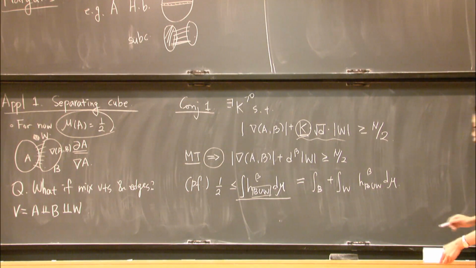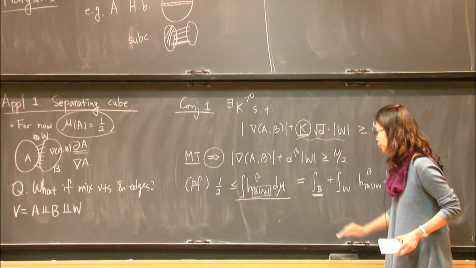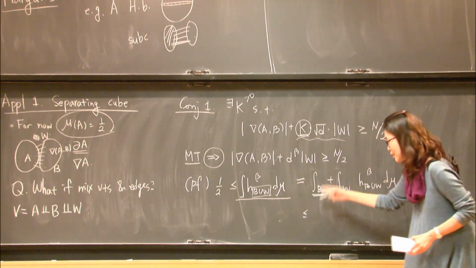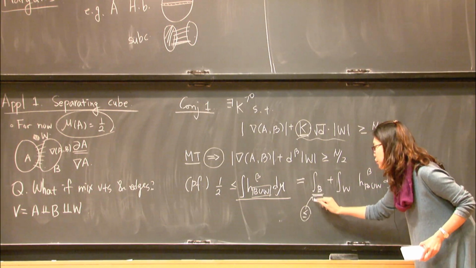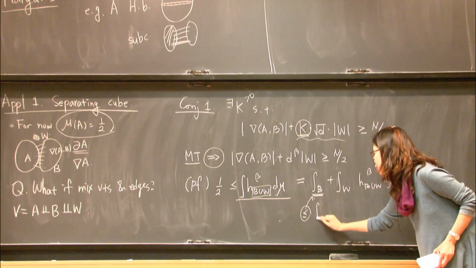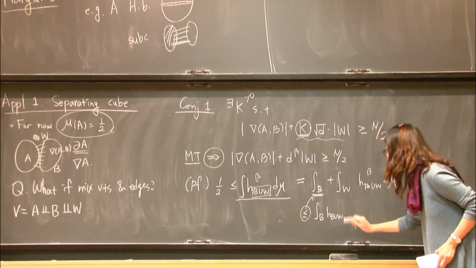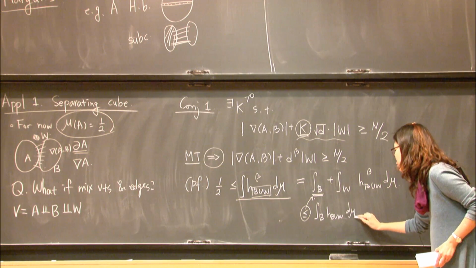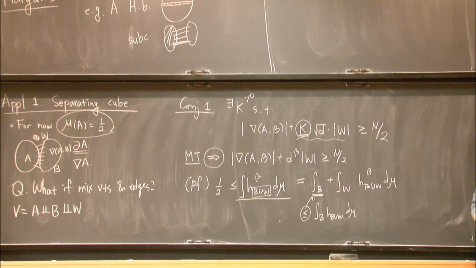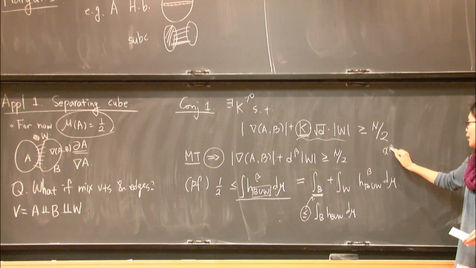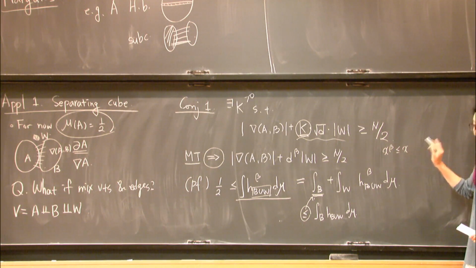For this part, this is at most the integral over B of H over B union W d mu. So I just removed beta. We can do this because x to the beta is at most x if x is an integer, and h is an integer valued function.